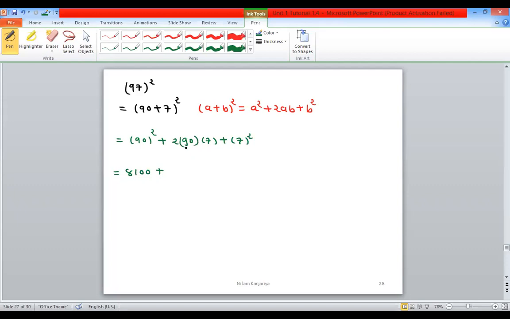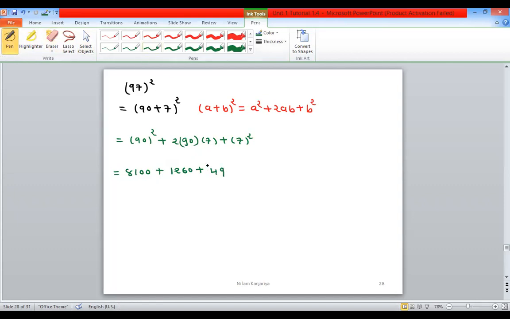9 into 2, it's 18, 18 into 7. Wait a minute. 90 into 2 into 7 gives you 1260. Then plus 7 square, 7 into 7 gives you 49.